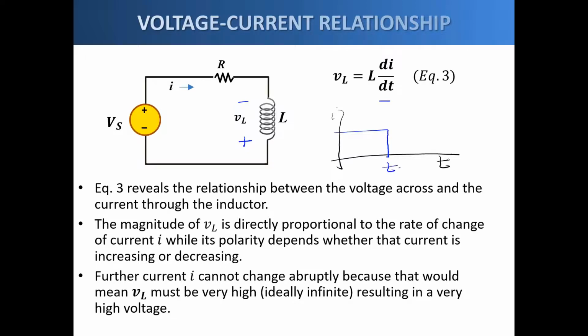At time t sub 0, it changes from a certain value to 0 abruptly. According to equation 3, this is not possible because the slope here is infinite, and that means we will get a very, very large voltage, which is not possible in practical terms.